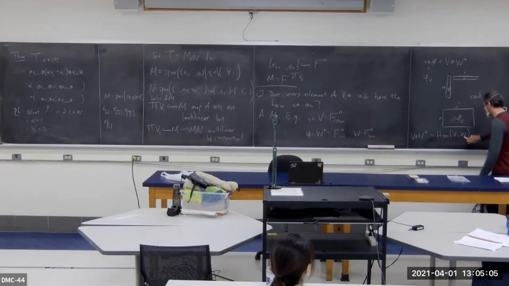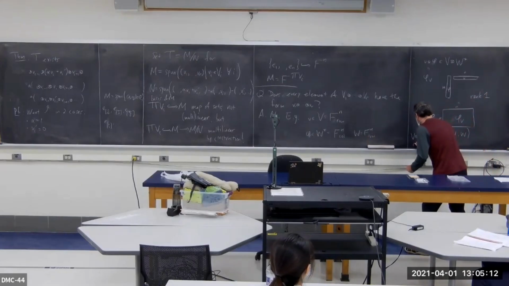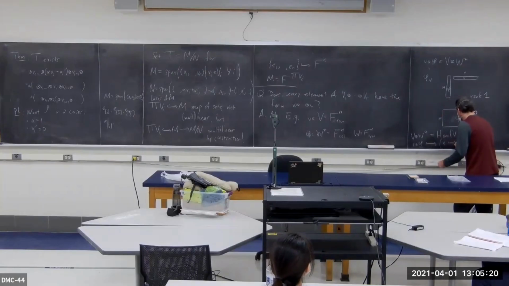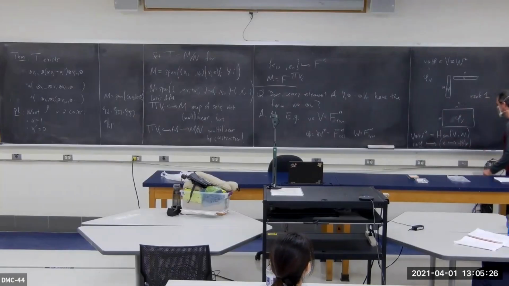So Hom from V into W is all linear maps from V into W. And the map takes V tensor phi to X. It's going to be a linear map, right? The linear map is going to take X to phi of X times V. I don't expect you to parse this right now, but look at it later and see what that has to do with the matrices that you've written down over here.